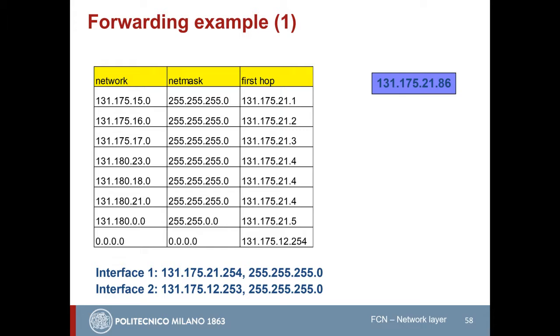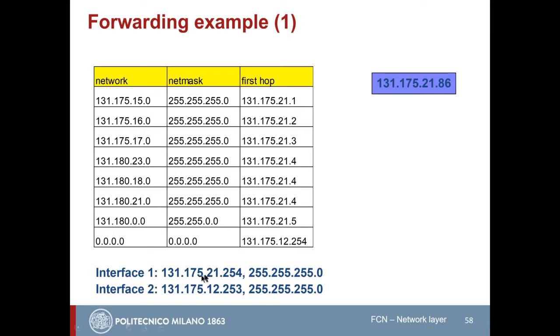We have to AND it bit by bit with the net mask of a specific interface. Let's start with interface number 1. And then we also have to AND the IP address of the interface with the same net mask. Notice that the net mask is always local, so it is configured in the interface. And then we have to see if the two results of these two operations are identical.